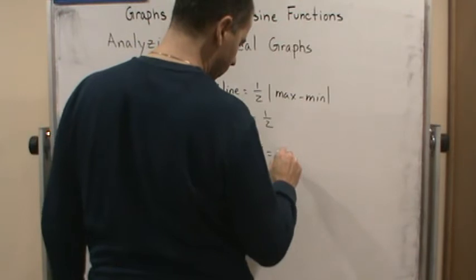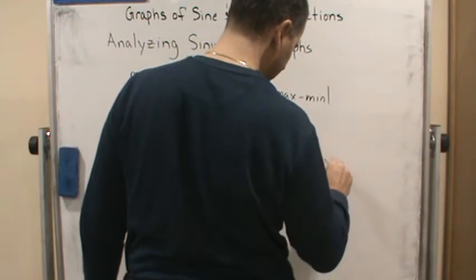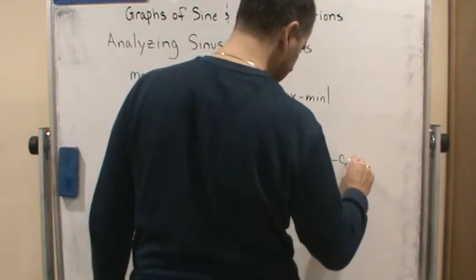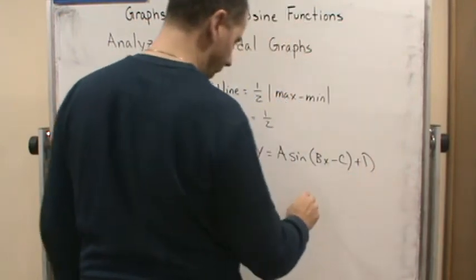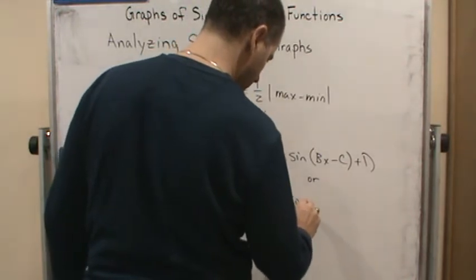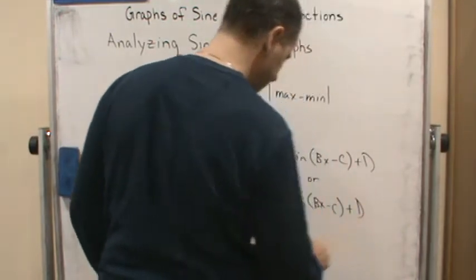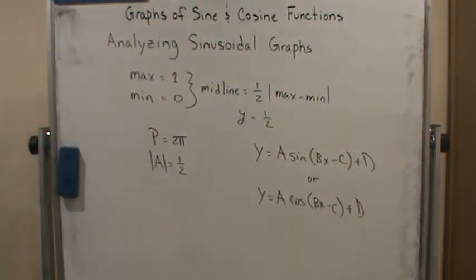So we've got y equals A sine (Bx minus C) plus D, or we've got y equals A cosine (Bx minus C) plus D. Now, if we look at it, there's definitely a horizontal shift to this, right?